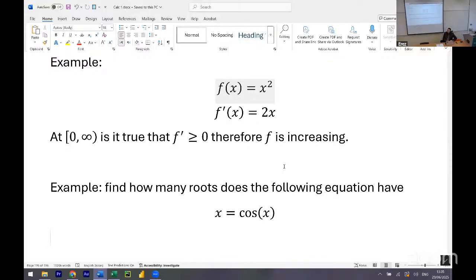Wait, this is x equals cosine of x? Yes. So x equals cosine of x is all the points on the cosine. Okay, I think one. Wait, three. Okay. So I have 1, 2, 1, 3. Yes. And any other answers?